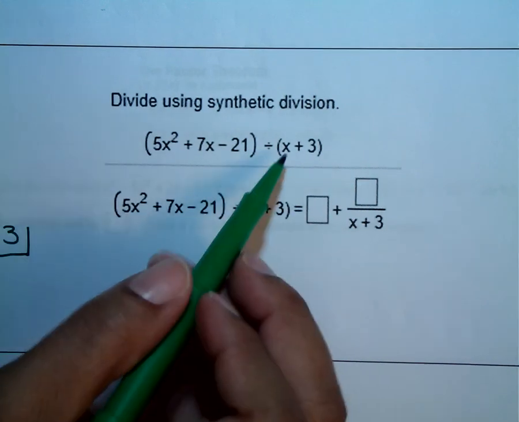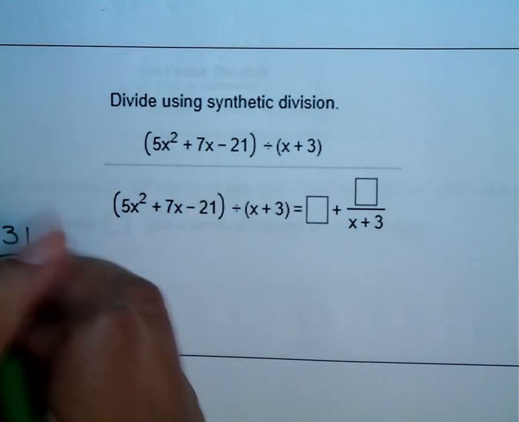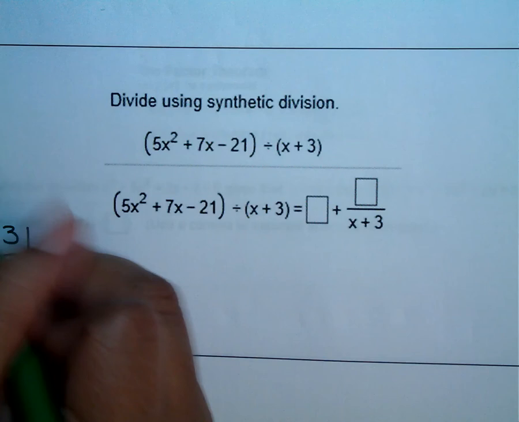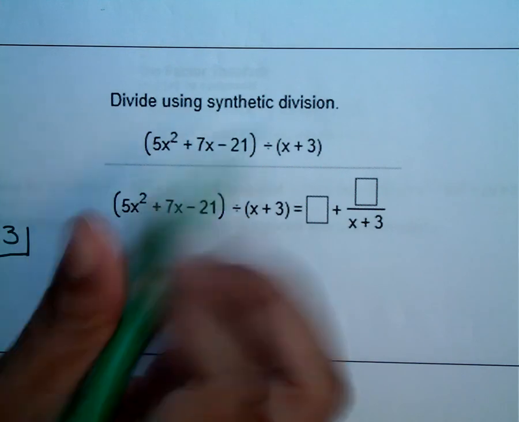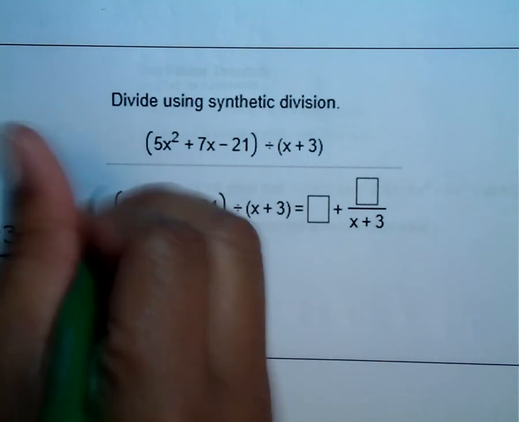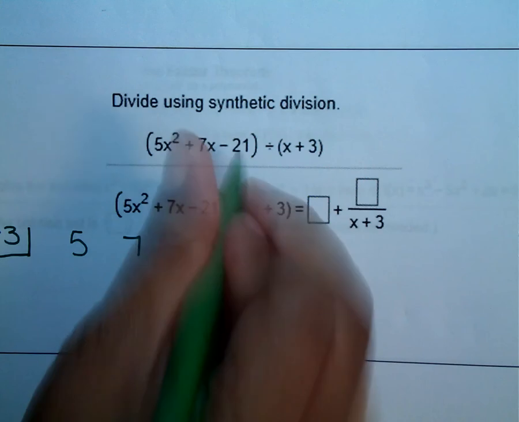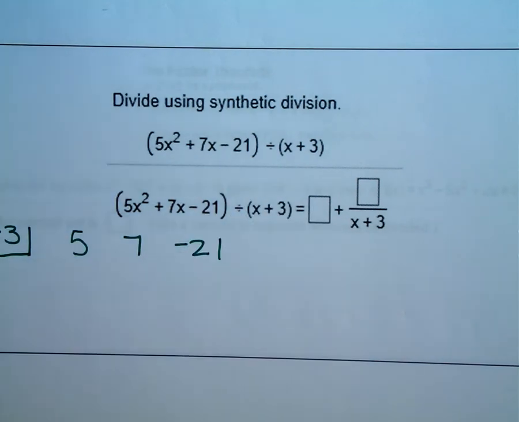Just pretend like you solved this and put x plus 3 equals 0. Your solution, your zero, your x-intercept, whatever way you want to look at it. But the opposite of whatever you're dividing by, that's what goes here. Negative 3. And then I have 5, 7, negative 21.